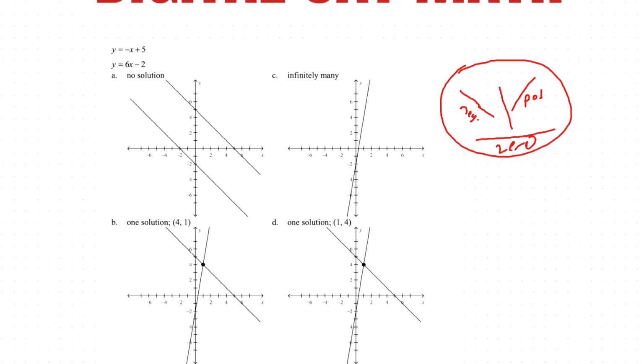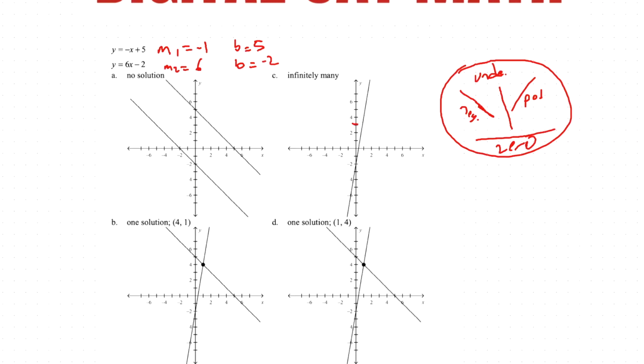So in this case, y's are by itself, then the slope of the first equation is -1, and the y-intercept is 5, and the slope of the second one is 6, and the y-intercept is -2. So -1 means the line will go to the left, right?